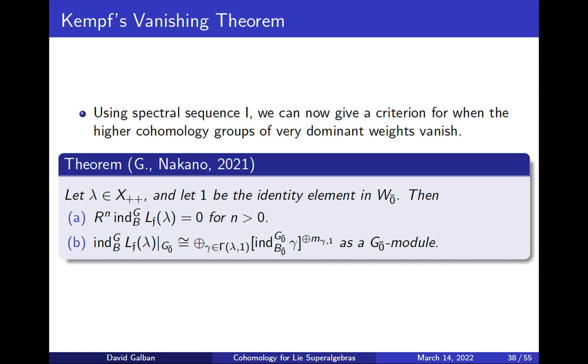Really why this is the case is if we go back to what the first spectral sequence was, we write H as B and look at our modules being alpha of lambda. The definition of being very dominant was specifically constructed so that all of the E^(i,j) terms were 0, except for when i plus j equals 0.